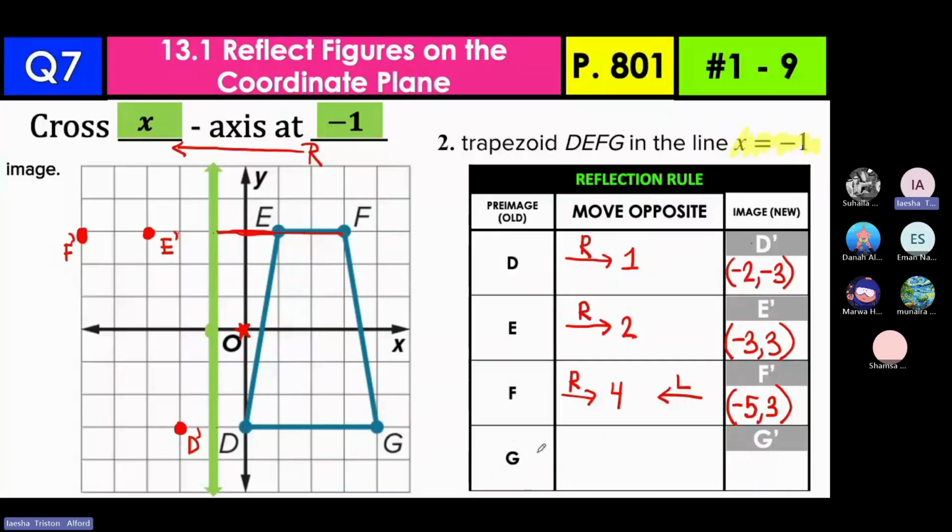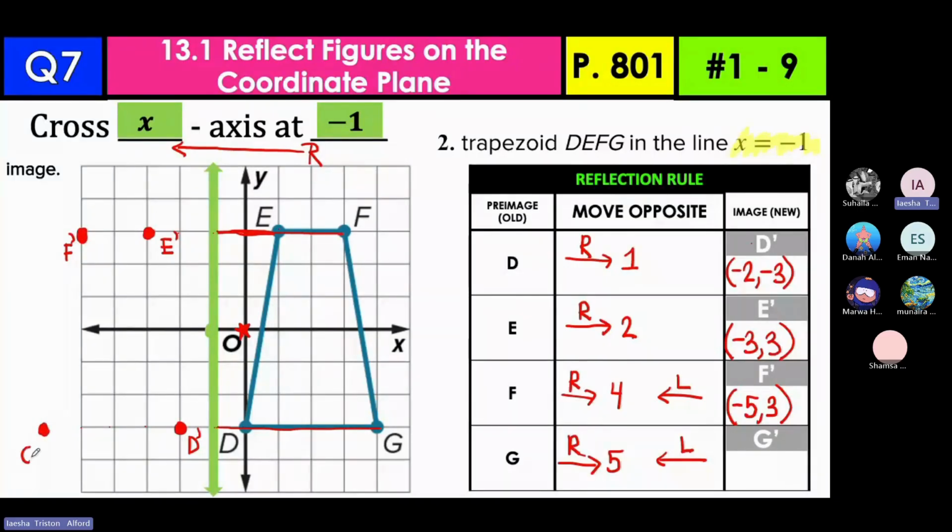The last one is G prime. To get to G, we need to go to the right. How many units, right? 5. So we're going to the right, 5 units. To get G prime, we should go to the left. How many units? 5. 1, 2, 3, 4, and we're off the line.